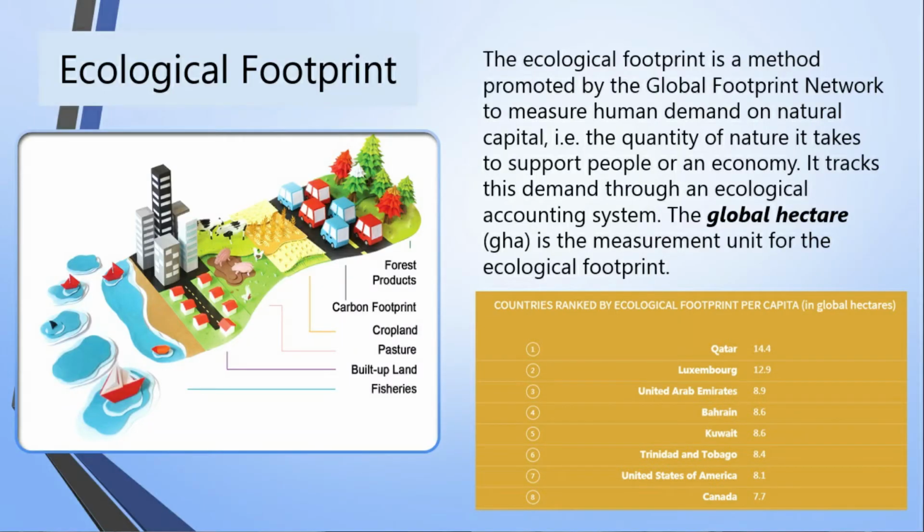So in this list of countries we have Qatar, Luxembourg, United Arab Emirates, Bahrain, Kuwait, Trinidad and Tobago, the United States of America, and Canada. In the image, you can see that the ecological footprint comprises many other aspects: forest products, carbon footprint, cropland, pasture, built-up land, and fisheries.